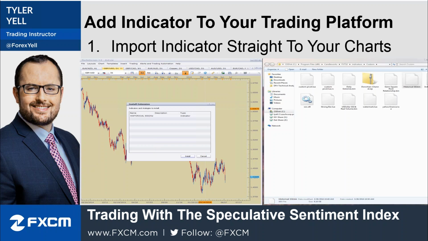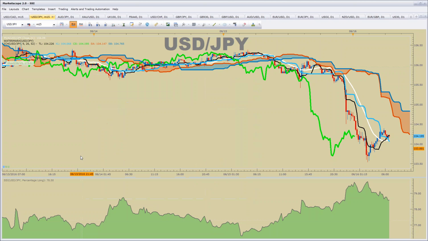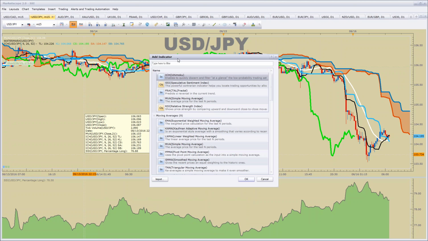So here's just a quick screenshot here. And what you can see is this SSI here. When you go to the charts, let me just show you a quick live walkthrough. You go to add indicator.